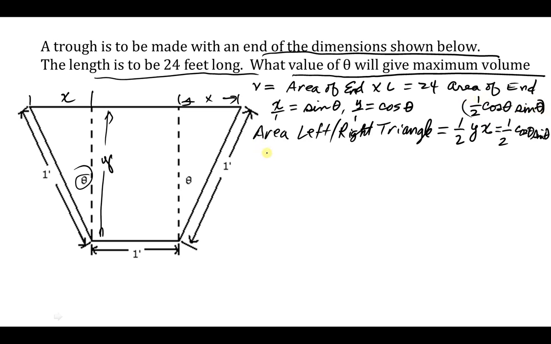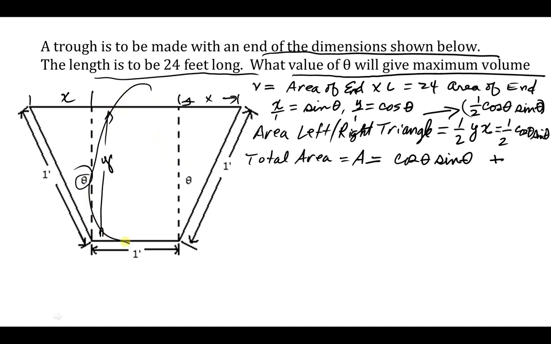So the total area of the end, which we'll call A, is going to be 2 of the triangles, which would be cosine of theta times sine of theta, plus the area of the rectangle, which is going to be 1 times y, and this is going to be just cosine of theta.